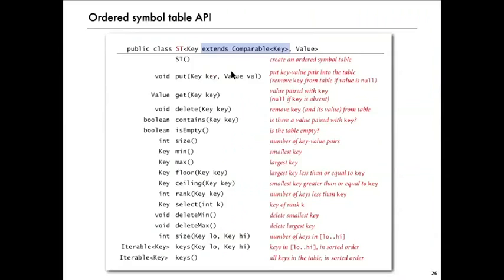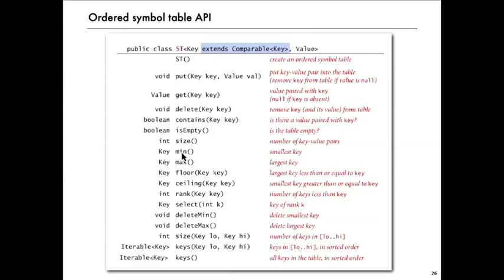So we say that we're dealing with keys that are comparable by simply adding this extends Comparable<Key> to our declaration, same way we did for sorting methods. All that means is our implementations can use compareTo. But for the client, it means that all of these operations have meaning.